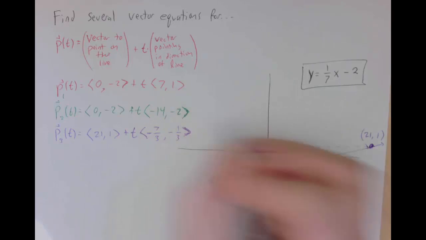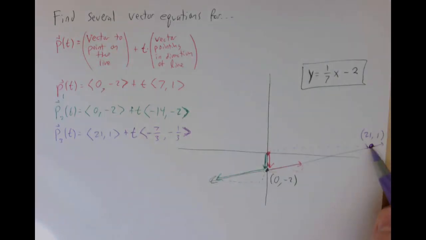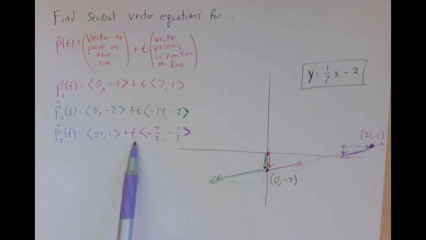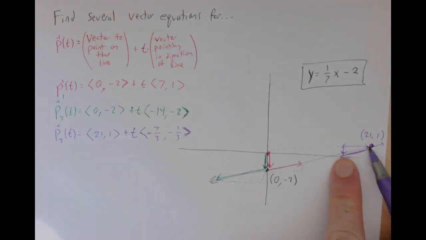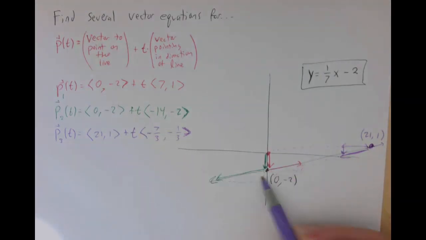So what that means is I'm starting here, and then I'm moving left by 7/3 and down by 1/3. But the slope is still the same, so I know I'm still moving in the direction of the line. And again, depending on what the t variable is, as t changes, this arrow is stretching to different lengths, and I know I can stretch it to be any length I want, which is why I know that whole equation ends up pointing at every single position along the line.